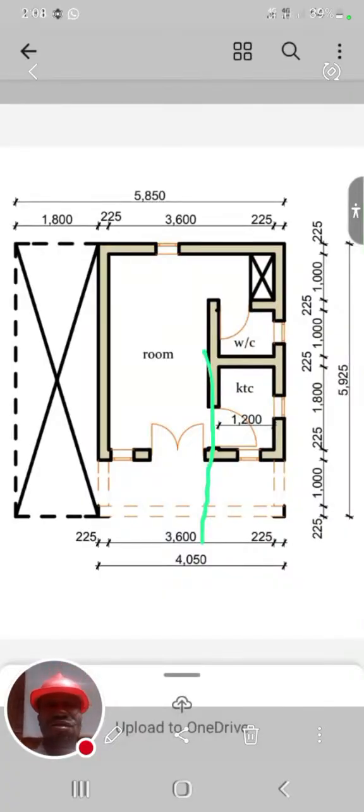However, the larger the scale number, the smaller the drawing. If you are using 1:1000, your drawing is likely going to be smaller. But if you are using 1:50 or 1:100, your drawing is going to get larger, bigger.